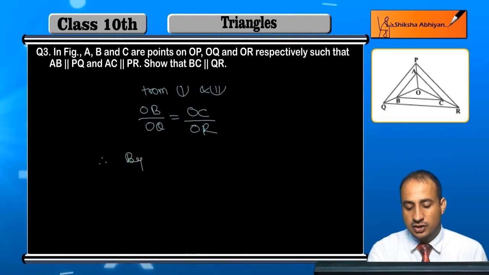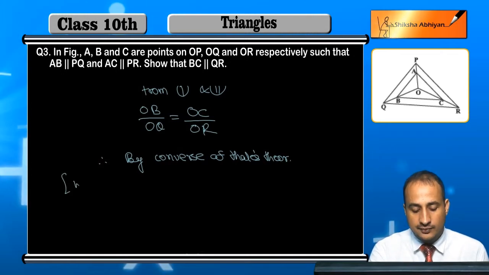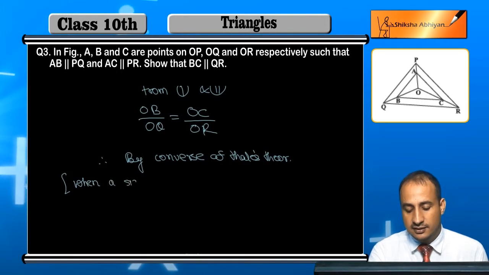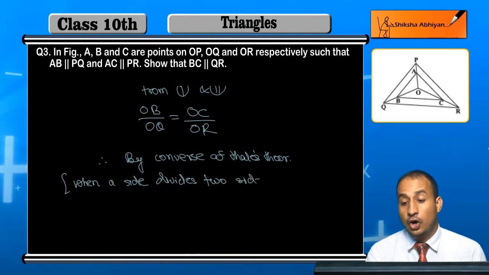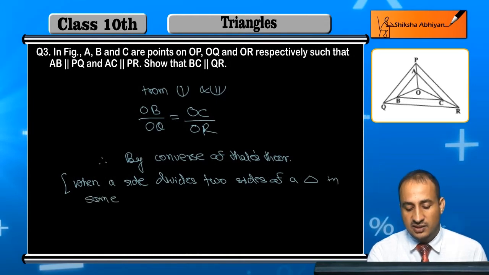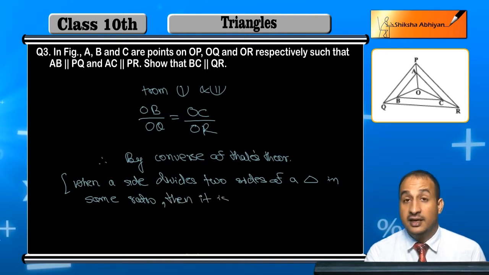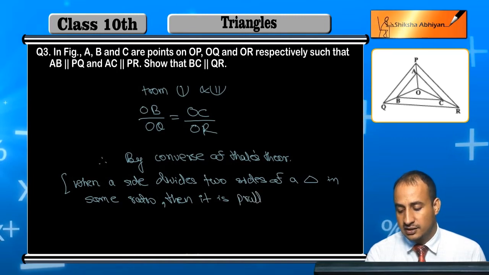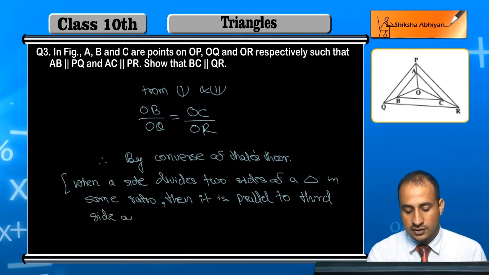Therefore, by the converse of Thales theorem, or the basic proportionality theorem, which we studied, and what does it say? When a side divides two sides of a triangle in the same ratio, or proportionally, then it is parallel to the third side of the triangle.